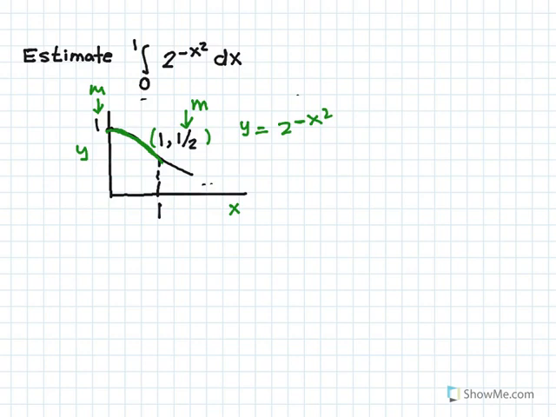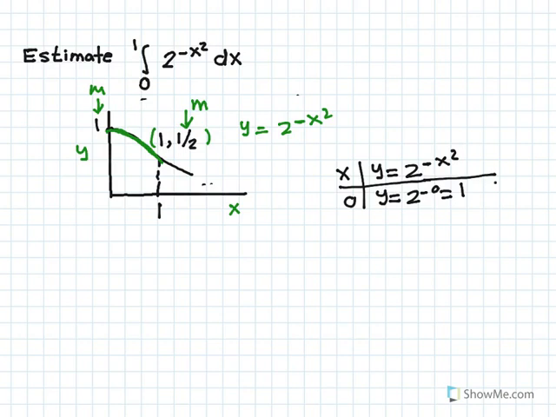All right, so now let's show some of the computations. y is equal to 2 to the minus x squared. When x is 0, y is 2 to the minus 0, which is equal to 1. This is going to be the absolute maximum. And when x is 1, y is equal to 2 to the minus 1, that's equal to 1/2. This is the absolute minimum.